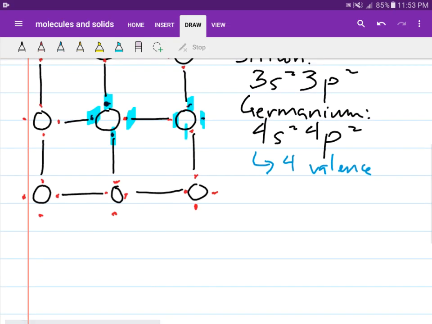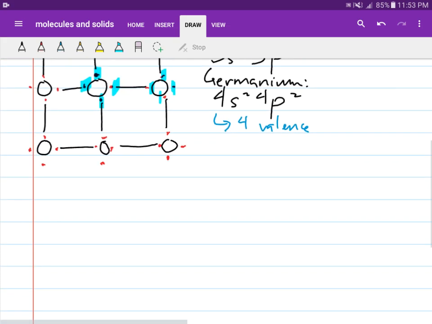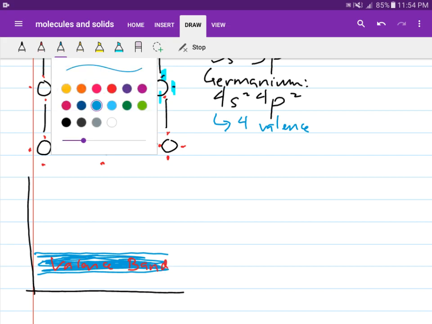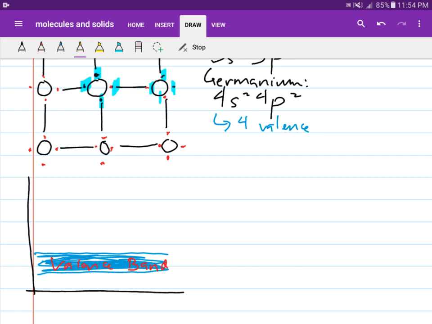If we look at how their energy bands behave, this is their valence band, and this is where their conduction band is.